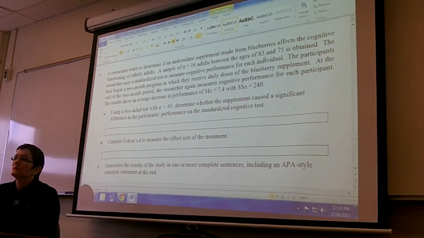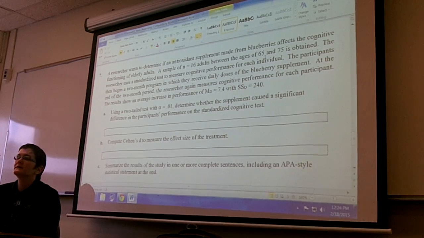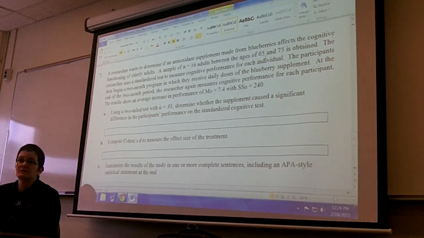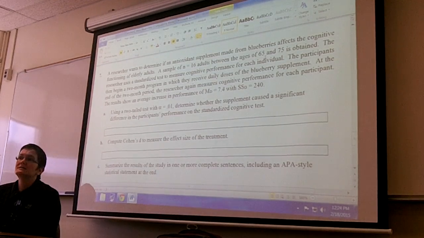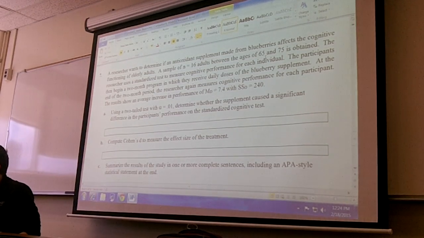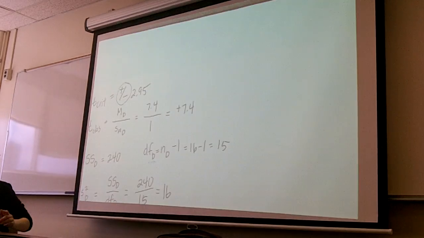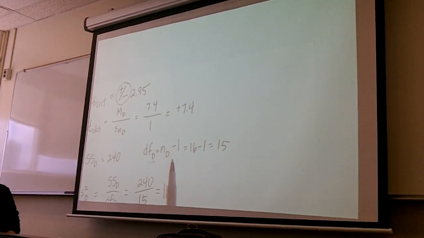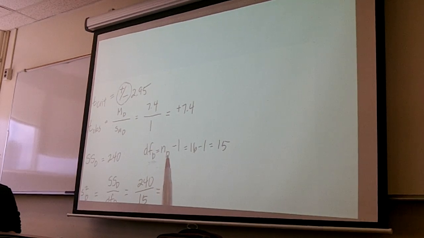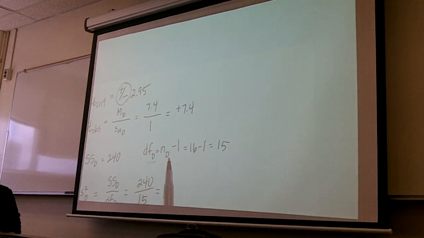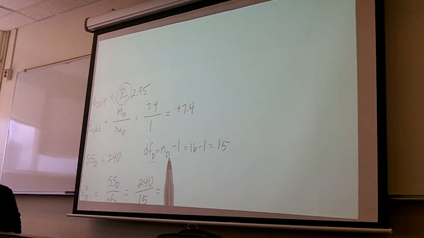So when we do a related groups t-test, we're entirely focused on that sample of difference scores. And that's why we write the sample size, lowercase n, with the sub D, because this is the sample size of the difference scores. That capital D stands for the difference scores.